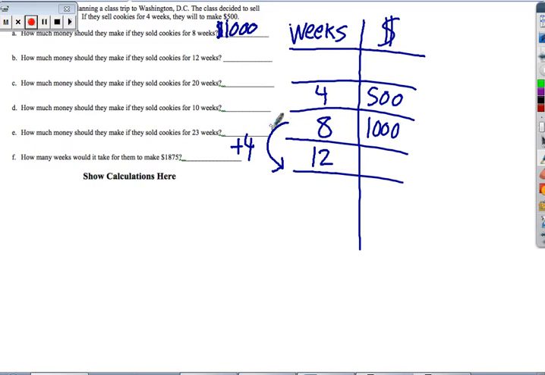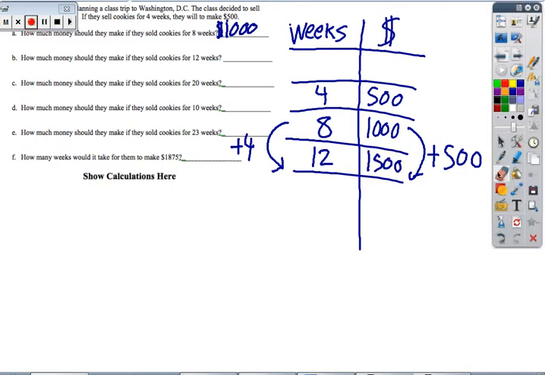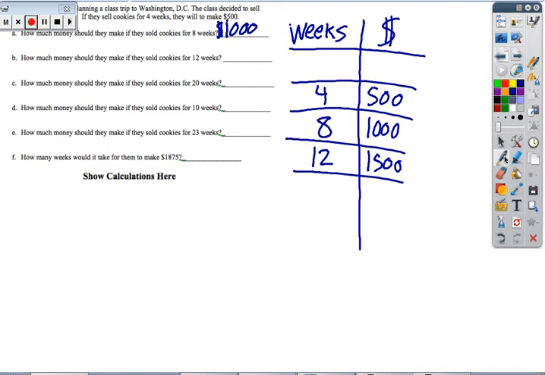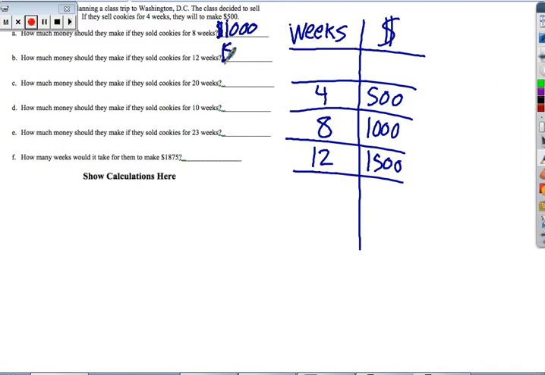And I know that if I work 4 more weeks, I'm going to be making $500 more. So I know that I'm going to be making $1,500 for 12 weeks. So we now know that this will be $1,500. And next, they're asking us, how about for 20 weeks?